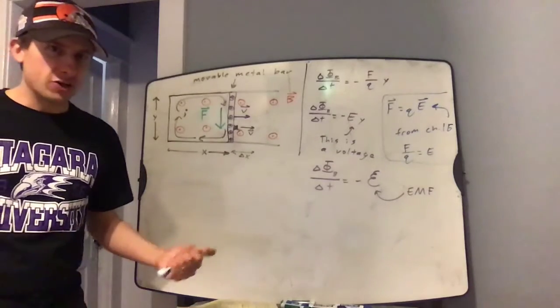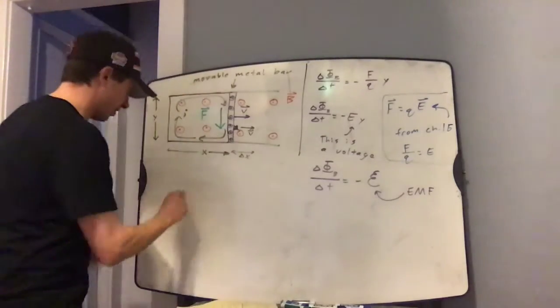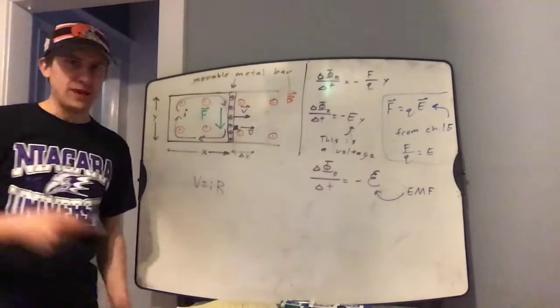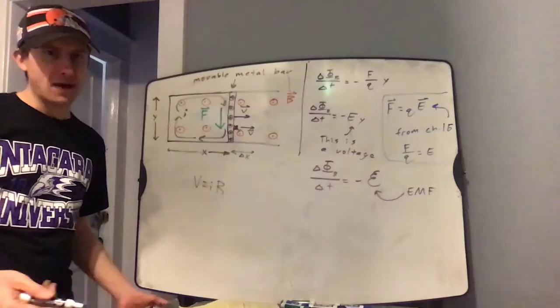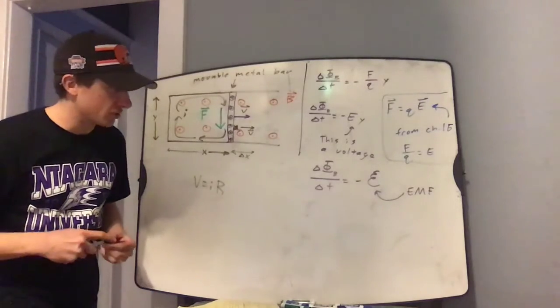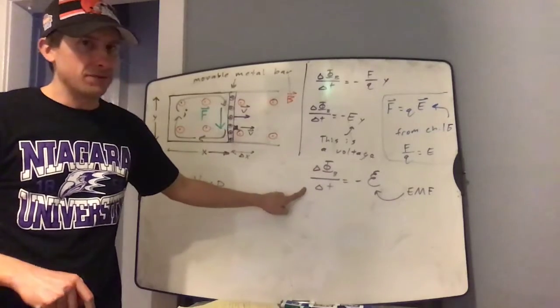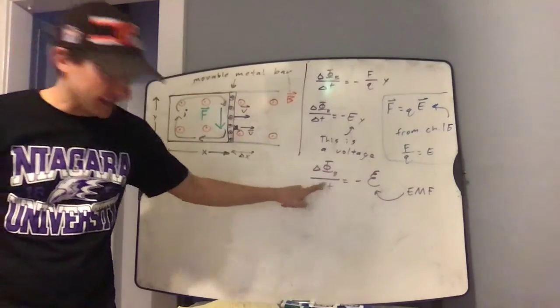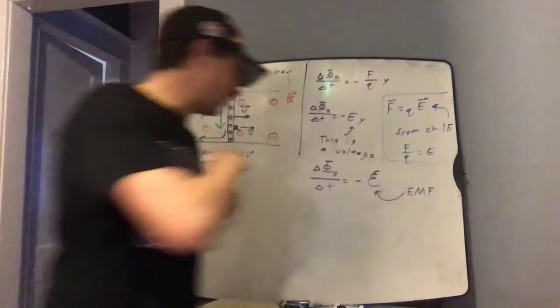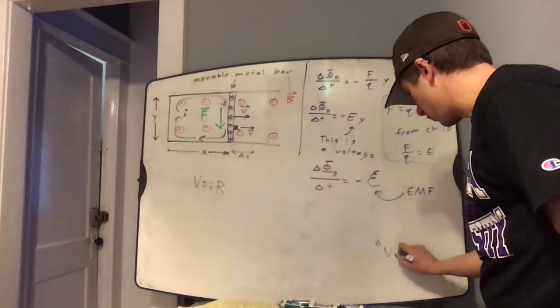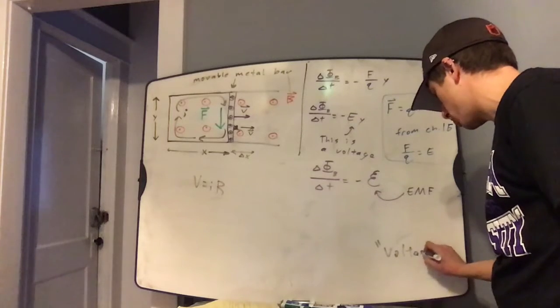Well, in order to get a current, you need to get a voltage because V equals IR. Well, voltage is basically the same thing as EMF for the purpose of what we do in this course. So we found that a changing magnetic flux will create an EMF. And EMF is basically, like I said, for the purpose of what we do, we could think of this as a voltage.